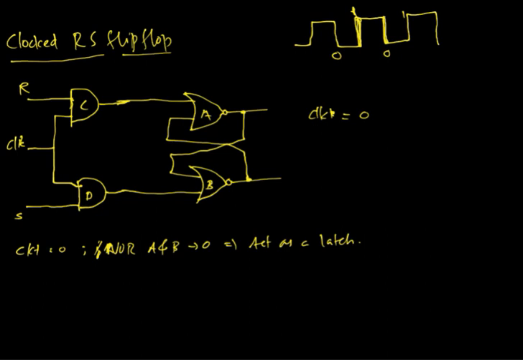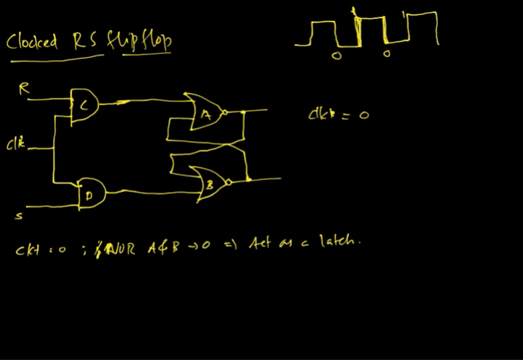When the clock pulse is present or at high level, AND gates C and D are enabled. So at this time input signals R and S are transferred to NOR gates and output Q is changed accordingly.